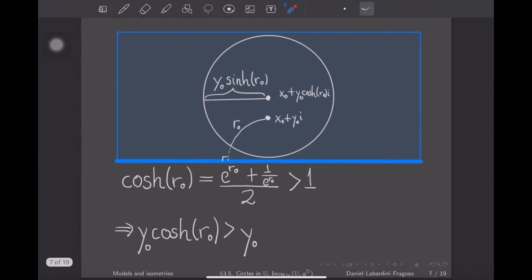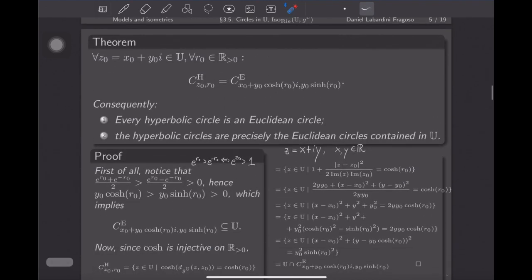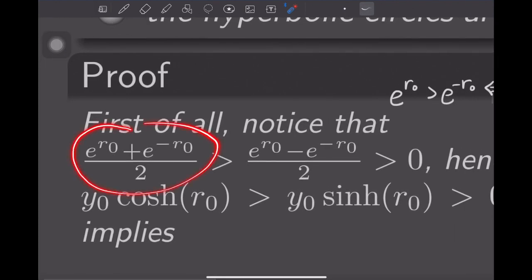I would say that the picture is really beautiful. So here is my hyperbolic center. Remember that we saw the hyperbolic cosine. The point is, hyperbolic cosine is always greater or equal than 1, because hyperbolic cosine is something plus its inverse divided by 2.